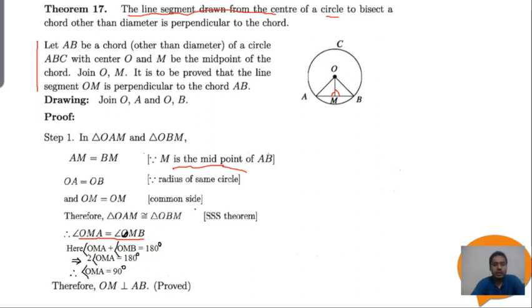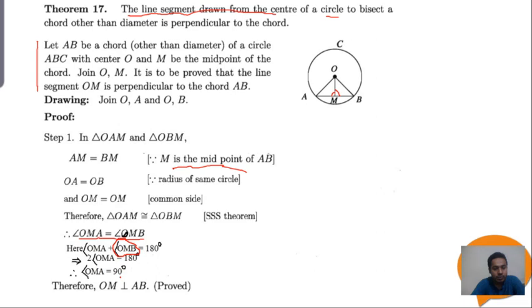Then in this figure you can easily observe OMA and OMB together equal 180 degrees because together two angles create one straight angle. That's why 180 degrees. And by using OMA is equal to OMB, if you replace OMB by OMA, that means OMA plus OMA is equal to 2 OMA is equal to 180 degrees.